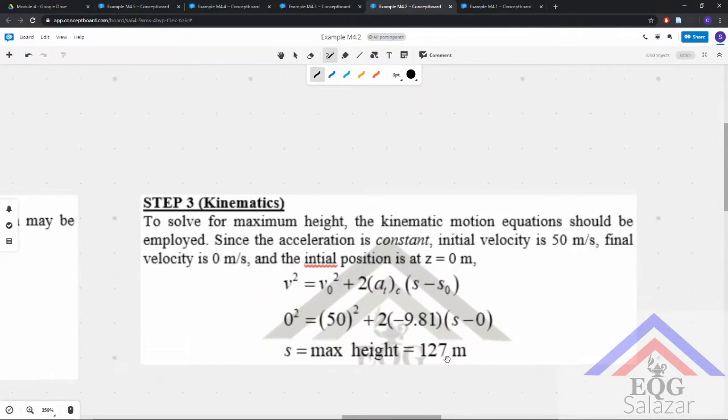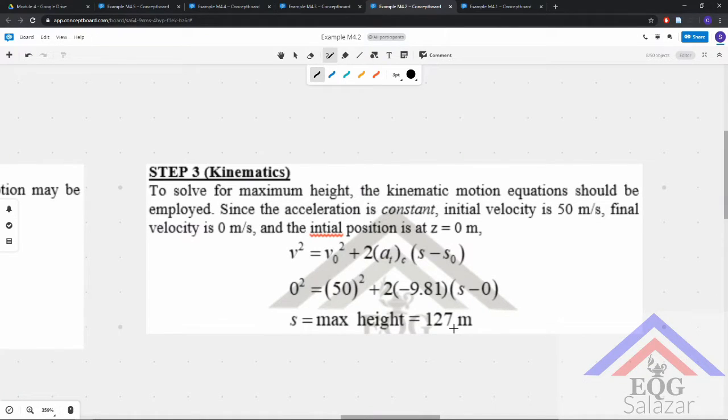Okay, next you can apply the kinematic equation. Since the acceleration is constant, initial velocity is 50 meters per second, final velocity is 0 meters per second. It's 0 meters per second, the final velocity, because again, when you throw an object upwards, it stops momentarily and then it comes back down.